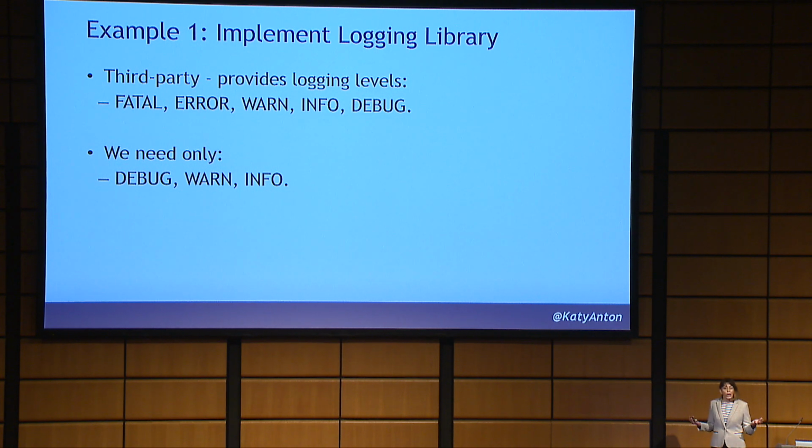Most likely, your software does not need the entire functionality, does not need all those logging levels. So probably for your software, you'll need only a small subset, let's say debug, warn, and info. For this scenario, when you bring in a library but you don't need the entire set of functionality, you need from that library only a subset.